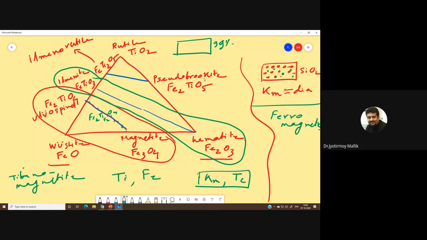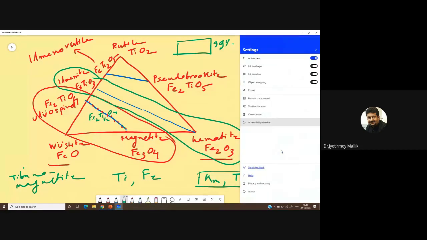You must have read a little bit about the solid solution series for feldspar, right? So you have calcium, sodium, and potassium. So KAlSi3O8.